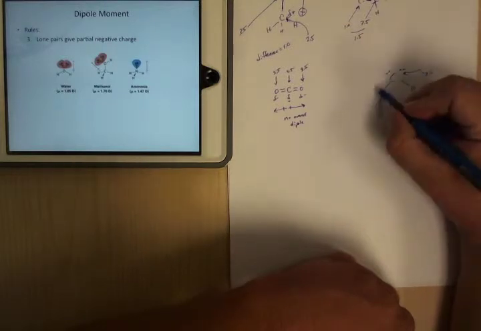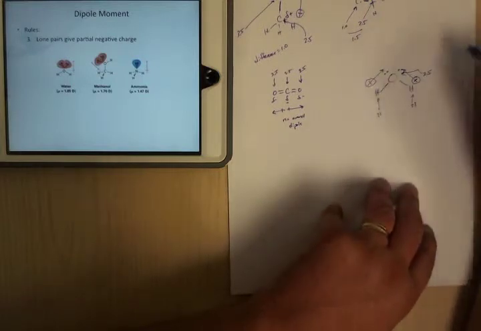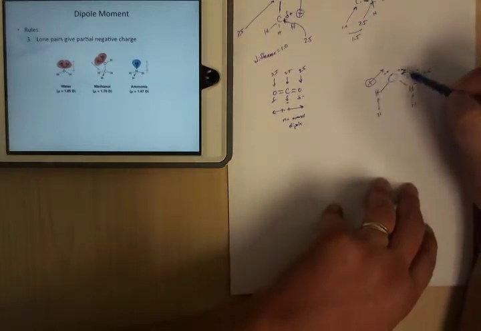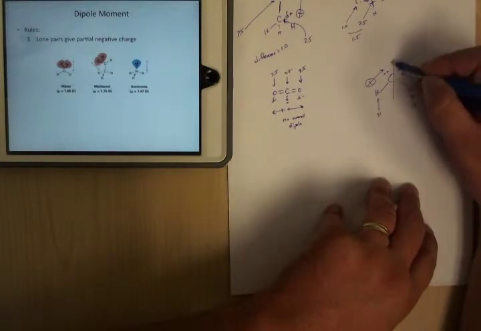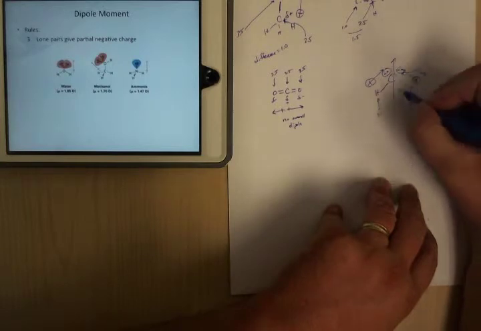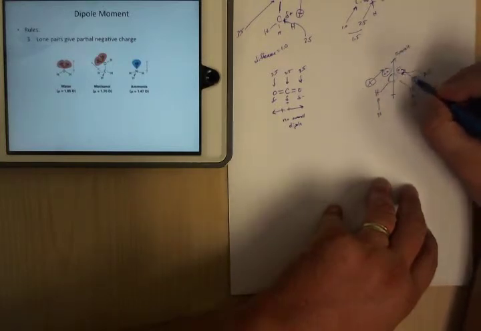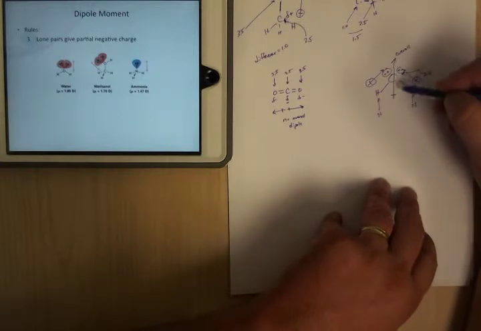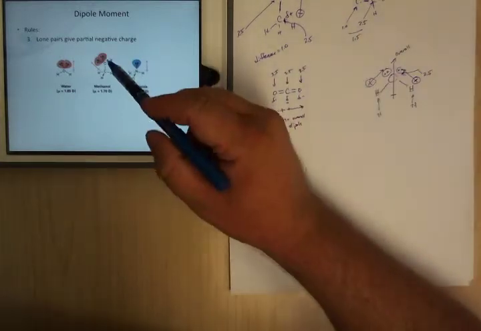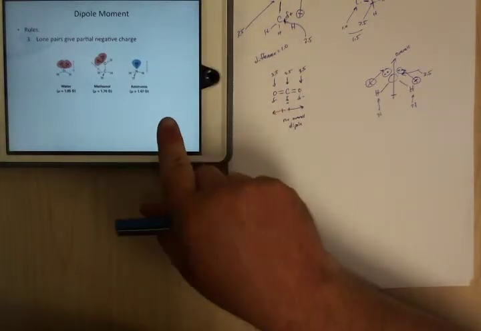So again, we're going to have the individual arrows going here and here, but the overall one is going to be here, because these guys are definitely going to be pulling negative charge here. So these are the individual ones, and this is the overall arrow here.